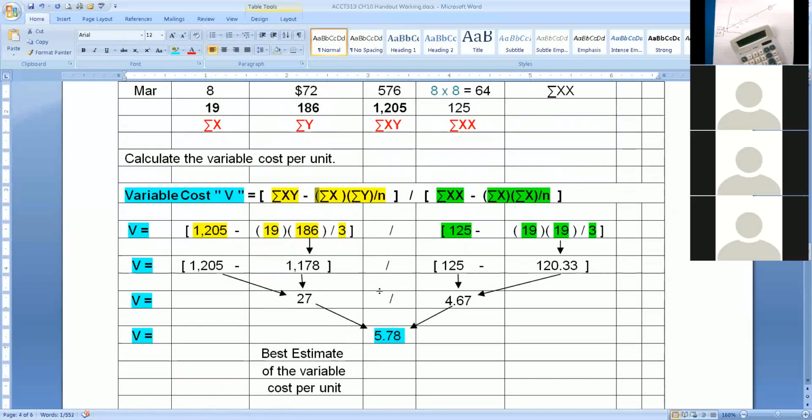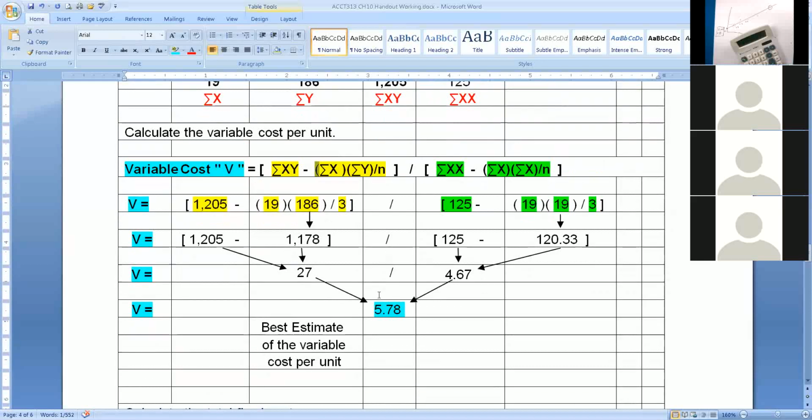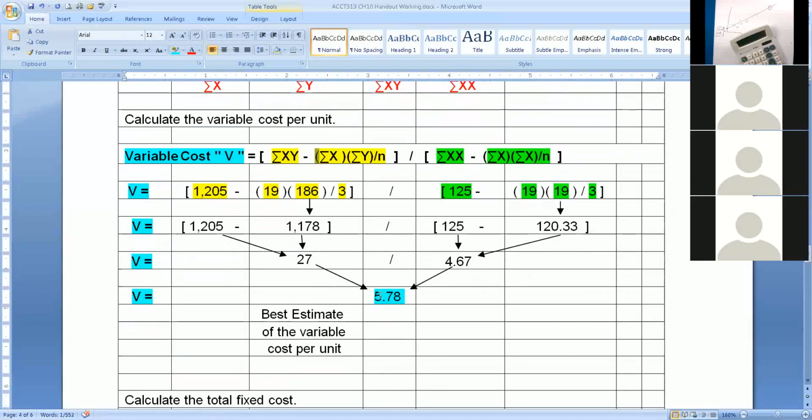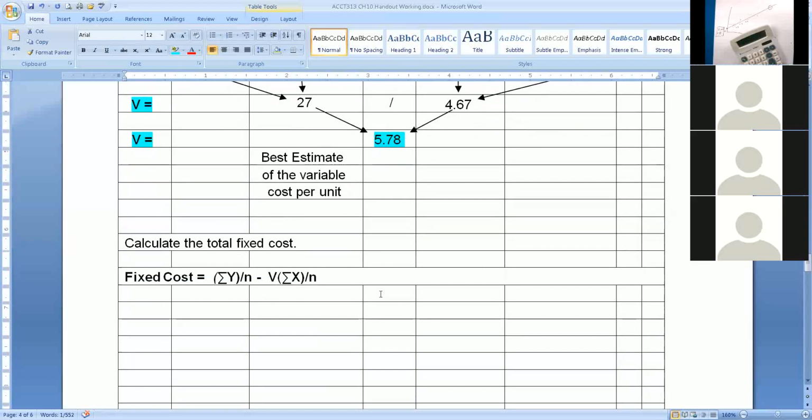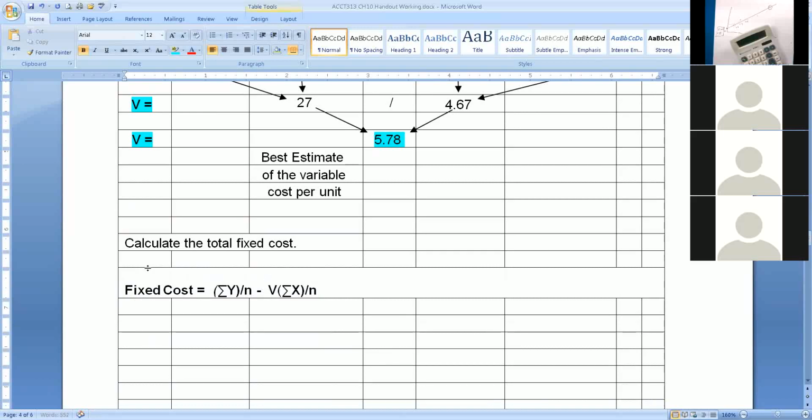Okay, so we get the variable cost per unit. And then we come down here to this formula. If you look at that, this is just the average total cost.